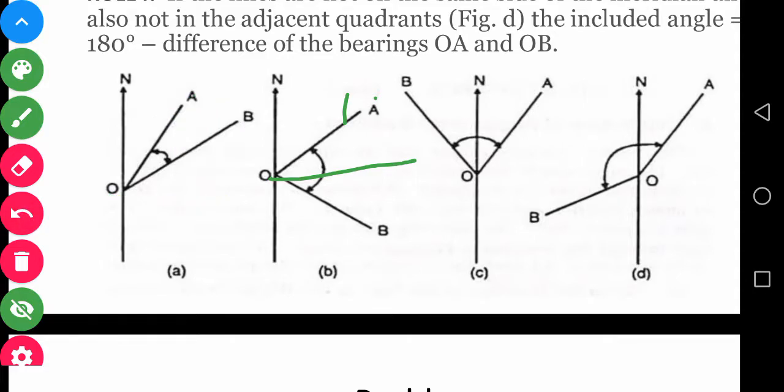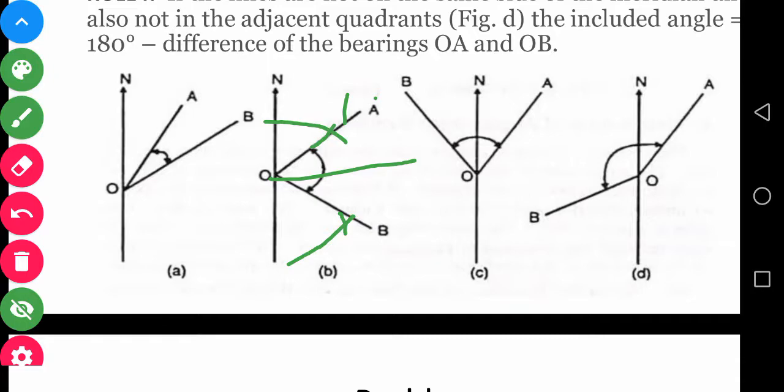To calculate the included angle between these two lines OA and OB, we will see it manually without any formula. The bearing of line OA is measured from this line in the quadrantal bearing system, and the bearing of line OB is measured from this south line, as we have discussed earlier about how we deal with the quadrantal system. So this bearing will be from here to here.